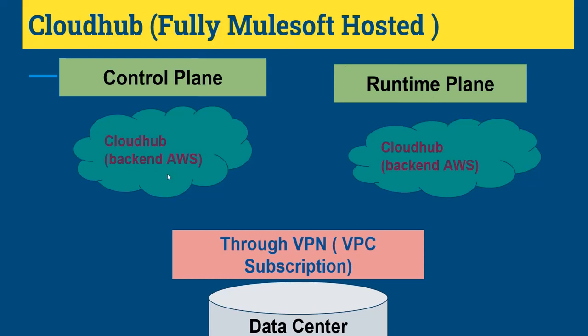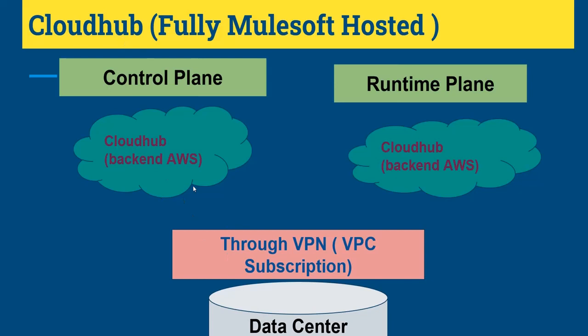And MuleSoft is internally managed by backend AWS services; we can just remember that. So if the control plane and runtime plane are both available on the MuleSoft side itself and managed by Cloudhub, that is called the Cloudhub model.